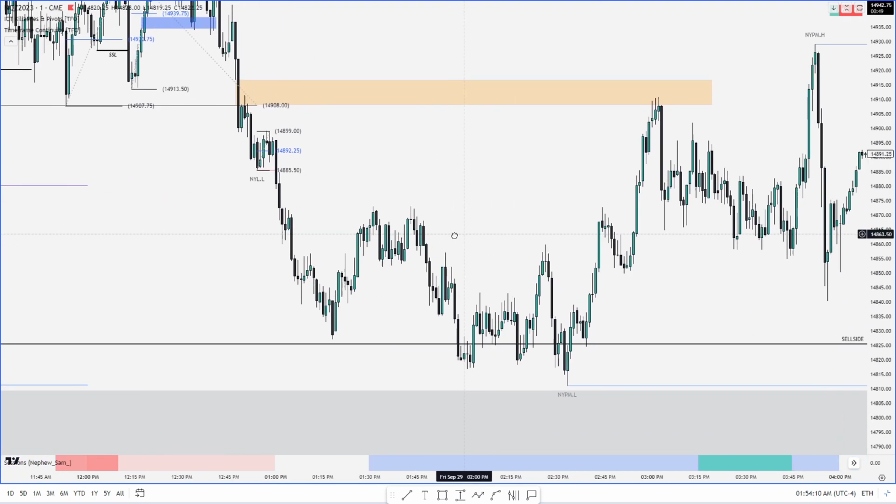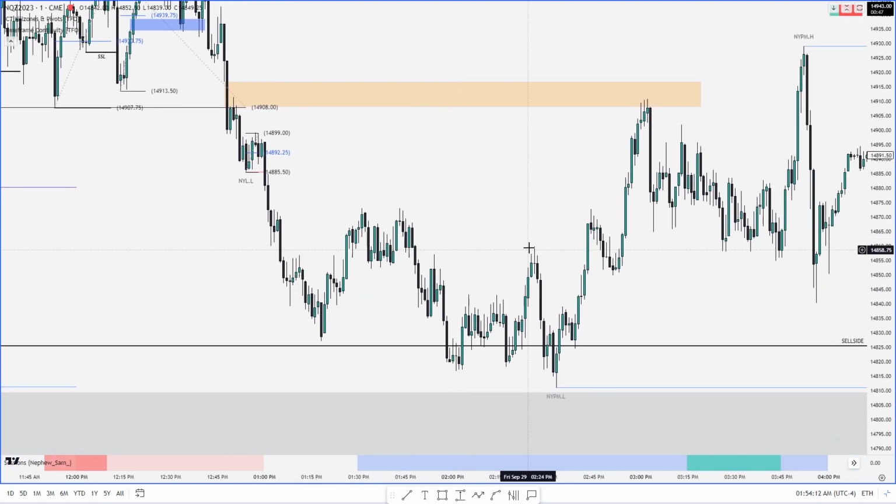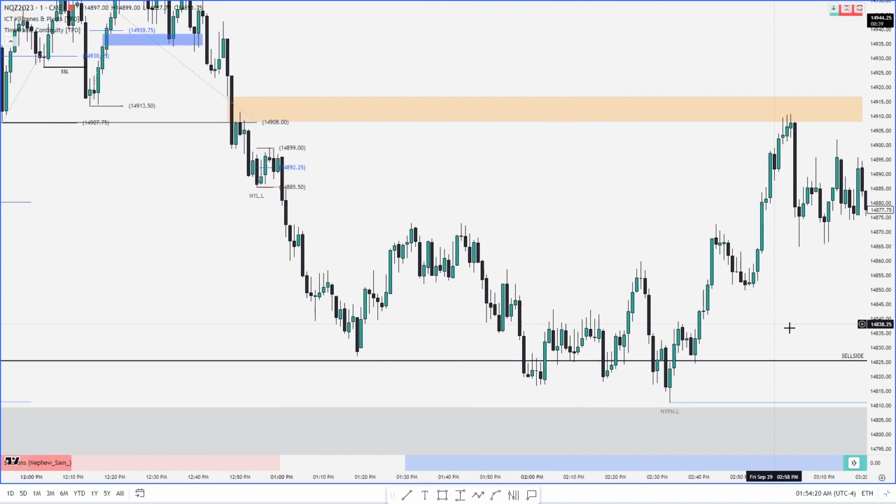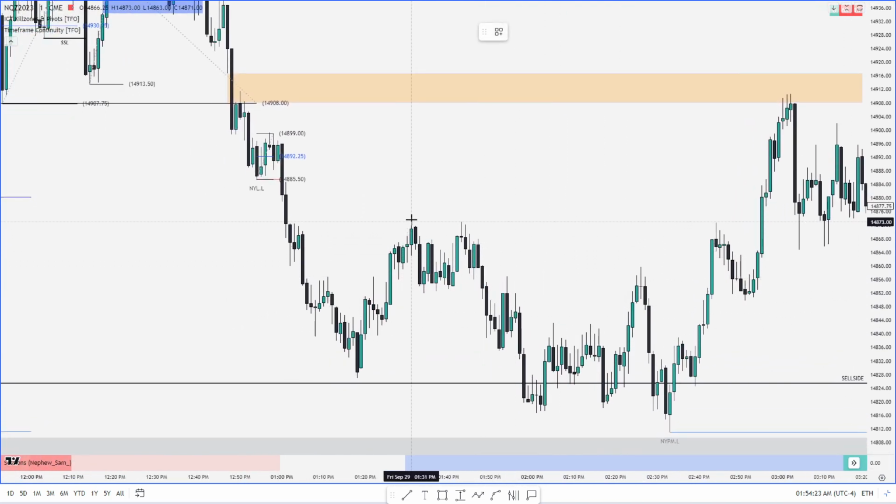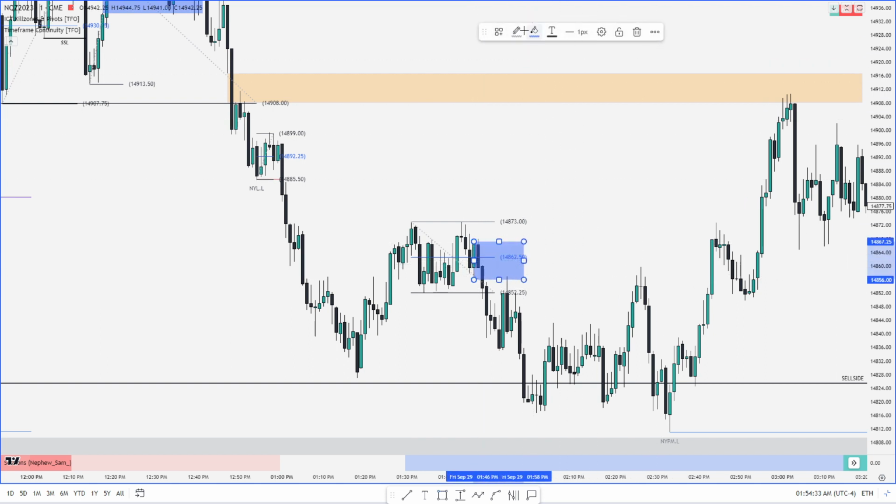Stop run. Breaker in here. I already mentioned this. Consolidation. There's your break. 46. 54.